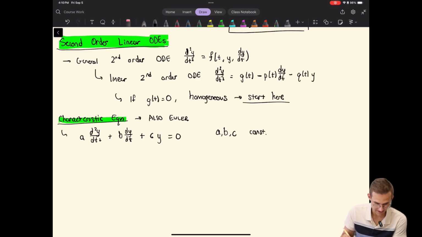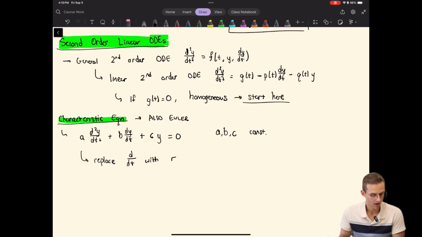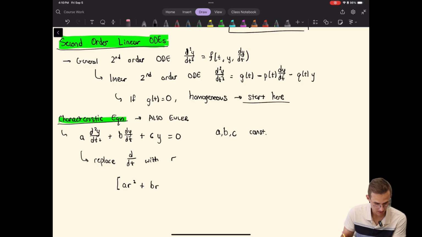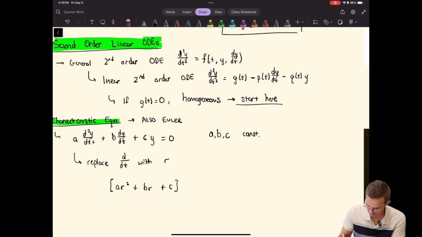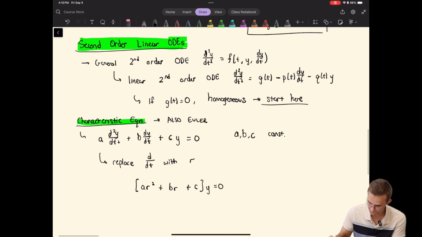Okay, so let's replace the operator d by dt with r, okay? So if we did that, what we would have is a r squared plus b r plus c, this whole thing being an operator acting on y is equal to 0.